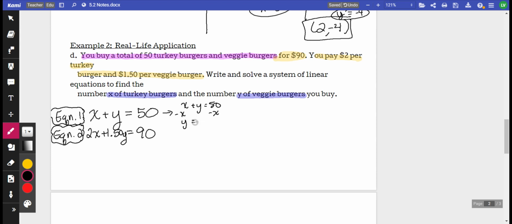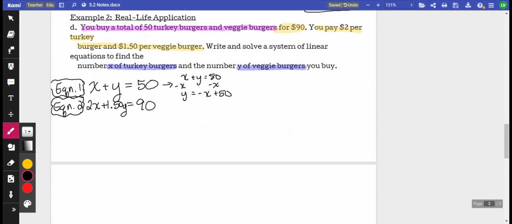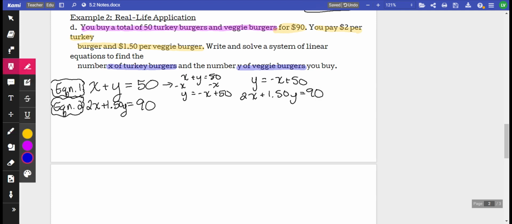So that gives me y equals negative x plus 50. Okay. So just to rewrite that, y equals negative x plus 50. And I'm going to rewrite equation 2, 2x plus $1.50y equals 90. So I have my y by itself right here.